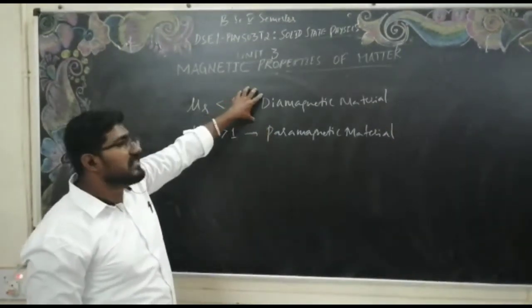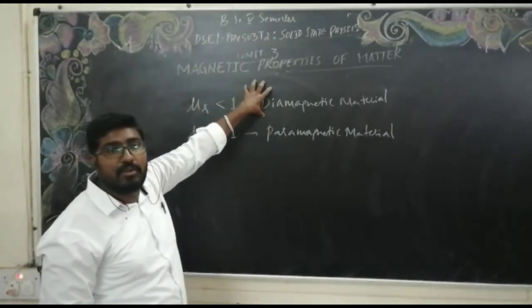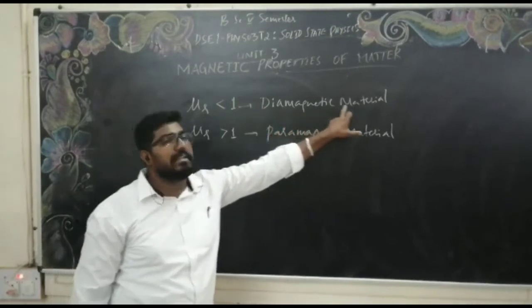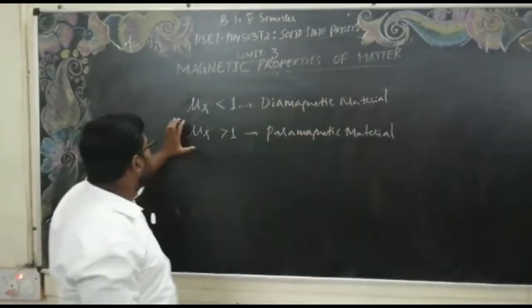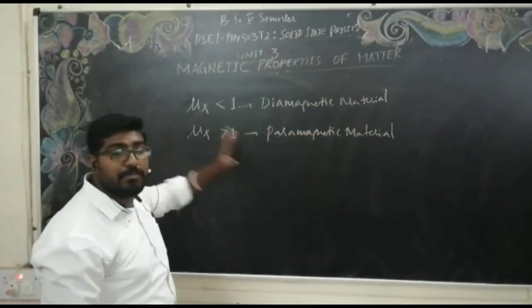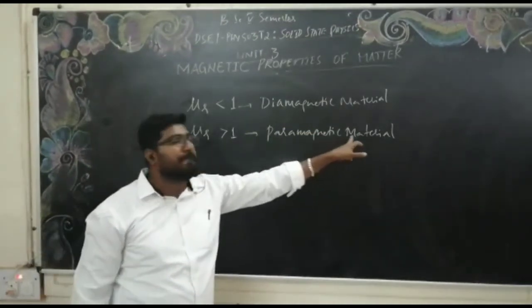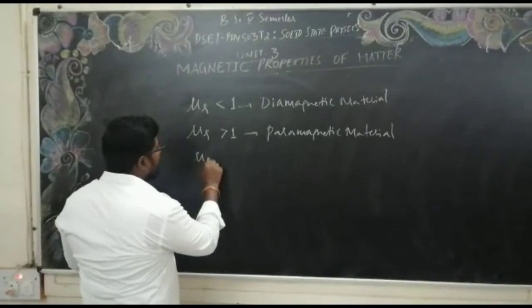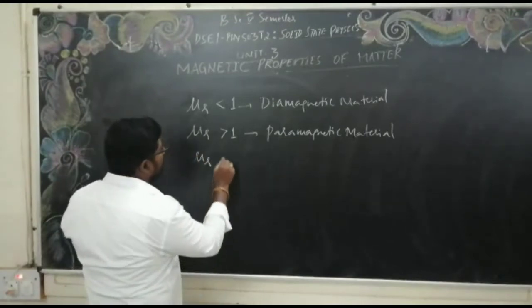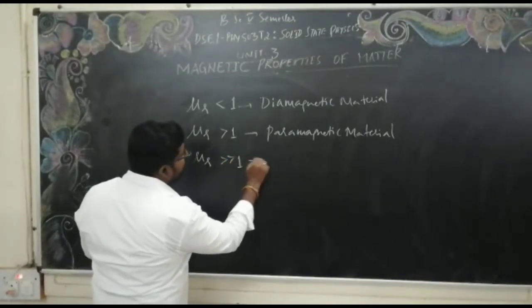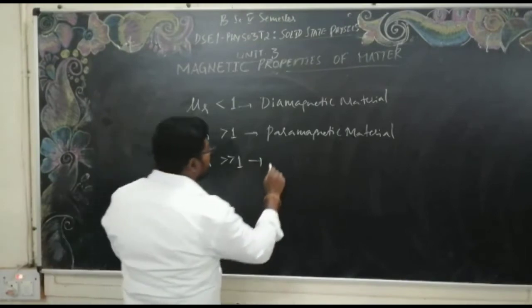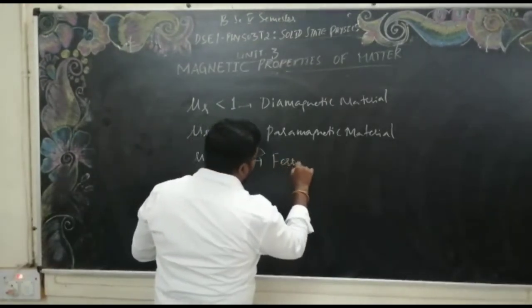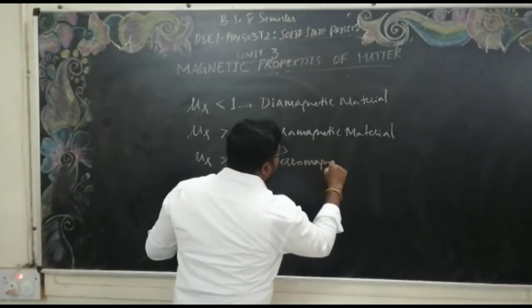In terms of susceptibility, a negative susceptibility indicates a diamagnetic material. If the susceptibility is positive, it is a paramagnetic material. If the relative magnetic permeability is still greater than 1, that is a ferromagnetic material.